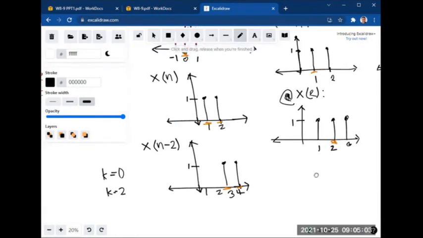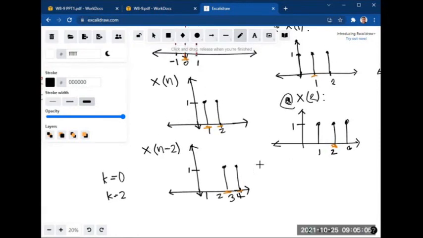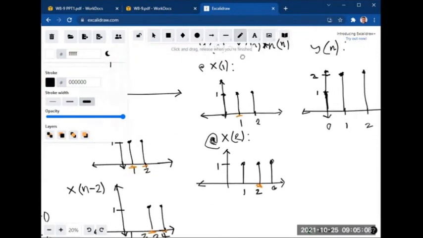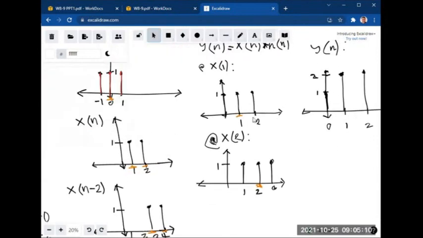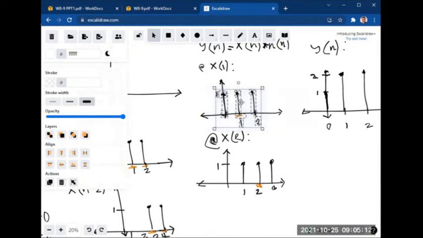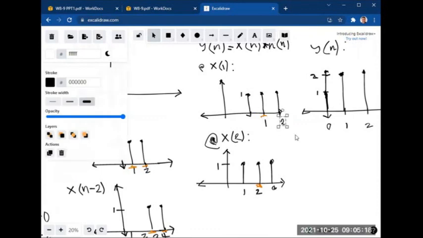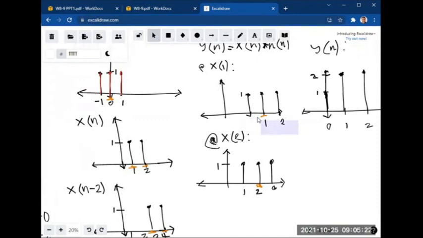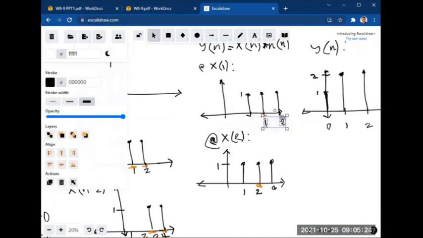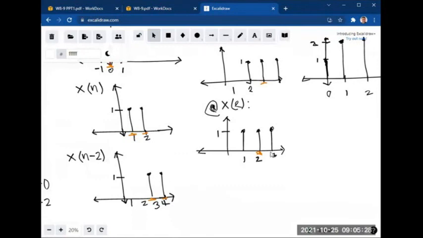Since the input signal shifted by 2 places, all of this will also shift by 2 places, right? Also this one will shift by 2 places.